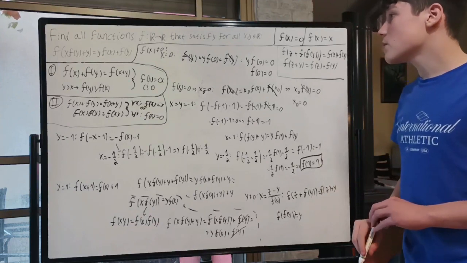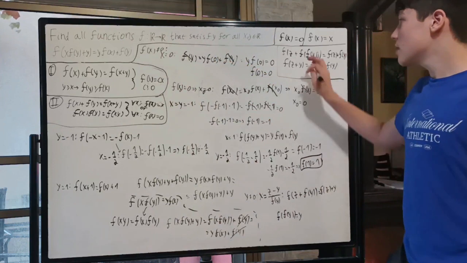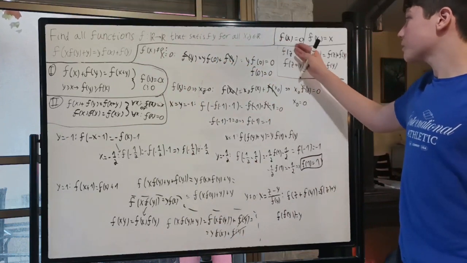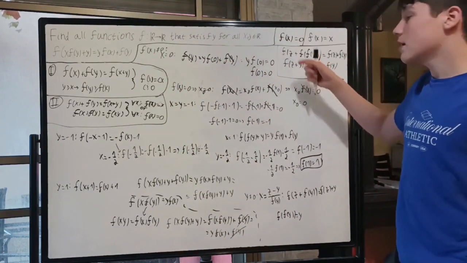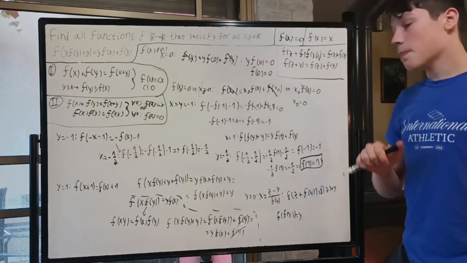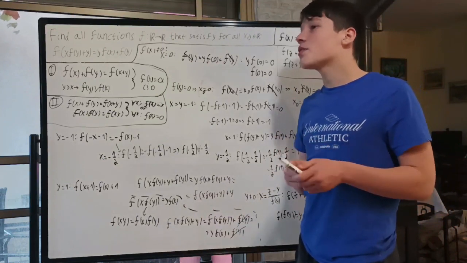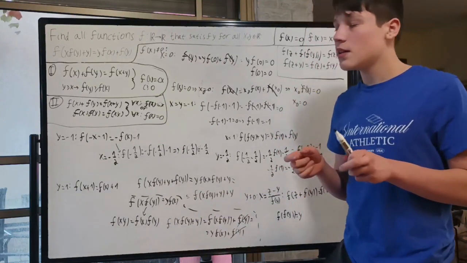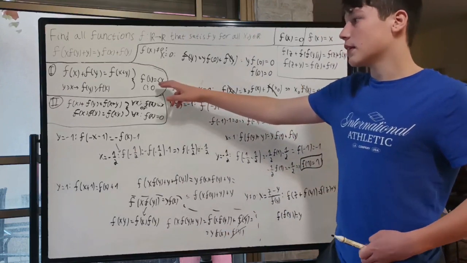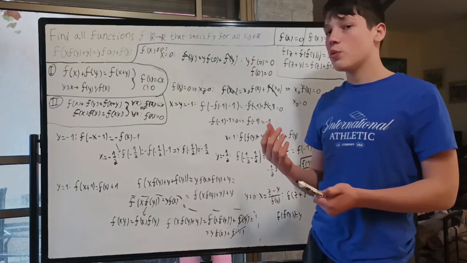So the final solution for this functional equation is either the zero function or the identity function. And just one last final thing. When you're solving functional equations, this claim definitely, and also usually this claim, are claims that you can use without proving.